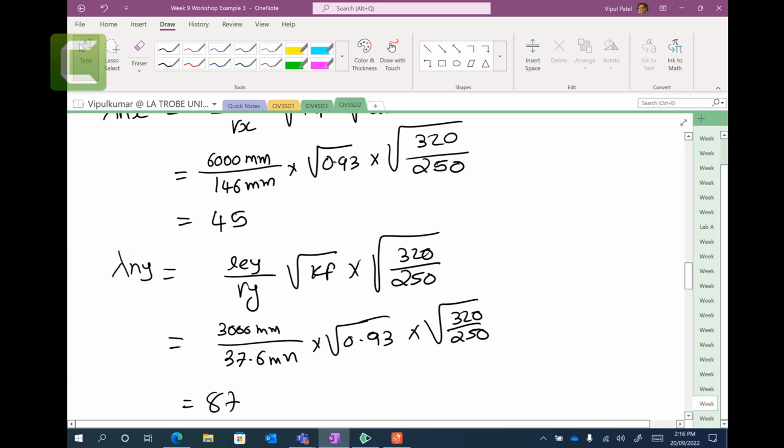I spent 10 minutes on the business of radius of gyration. Smaller radius of gyration, small resistance against buckling. So look at this. This will have a higher resistance.